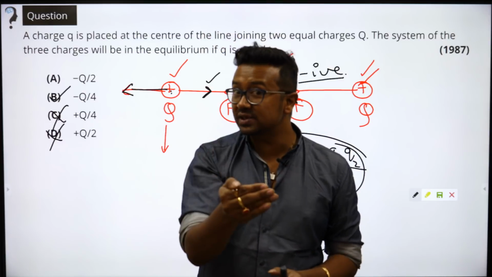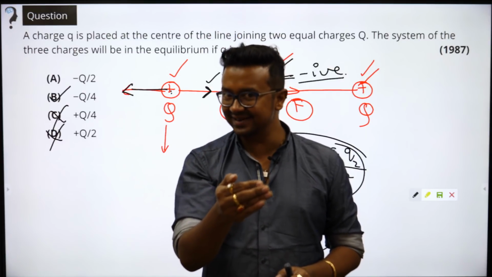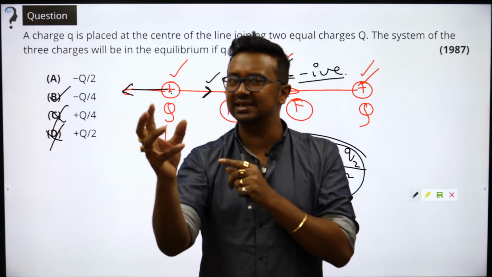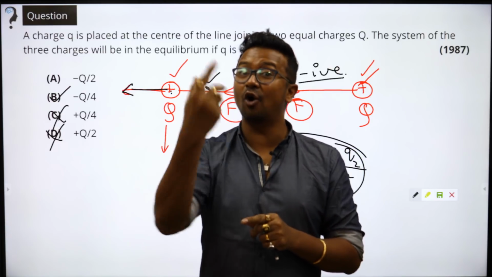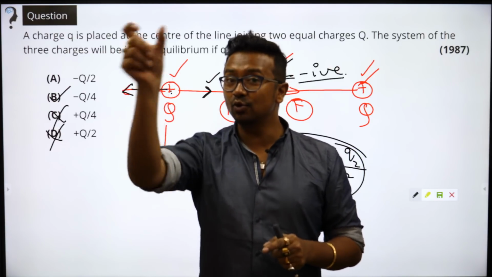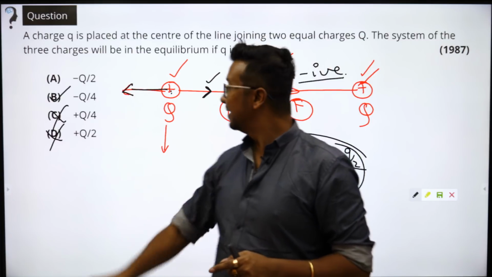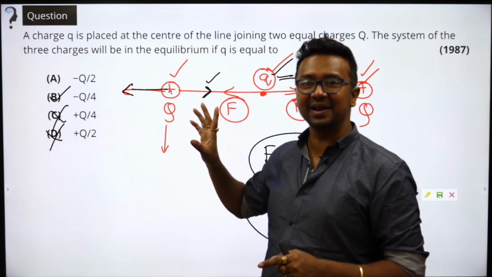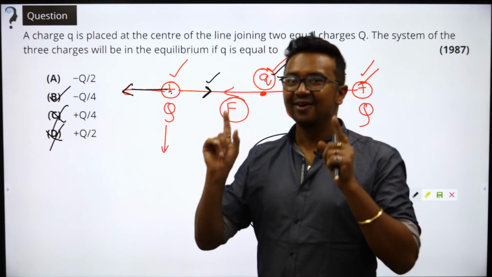I mean, you need to know something about that particular topic, isn't it? You need to have a little bit of a conceptual clarity in that particular topic in order to do that question faster. Maybe you don't have to solve all the steps, but in a very fast manner, you can do it. All right? Fine, students.